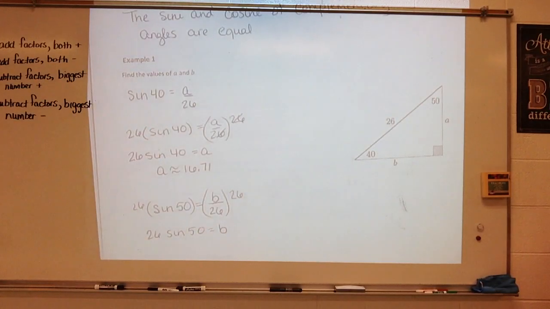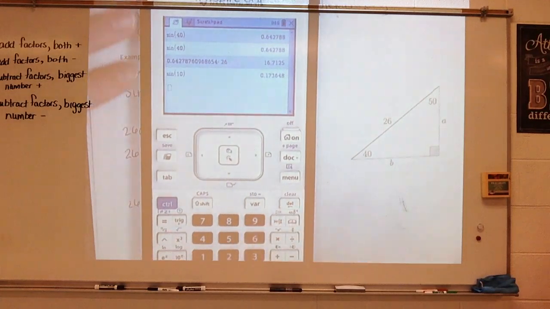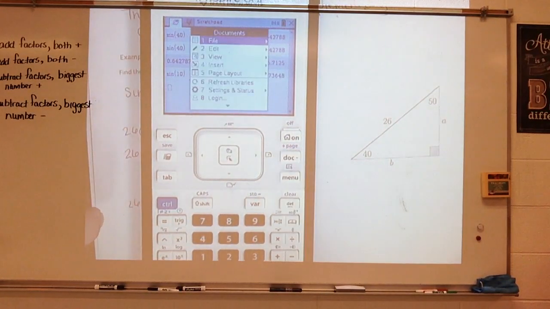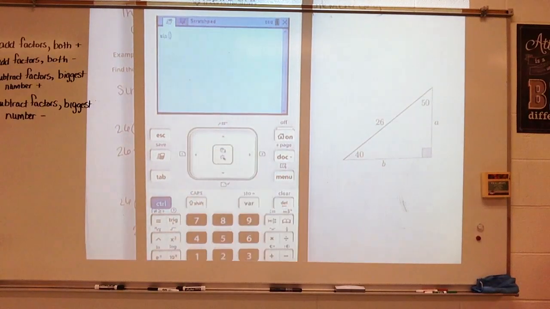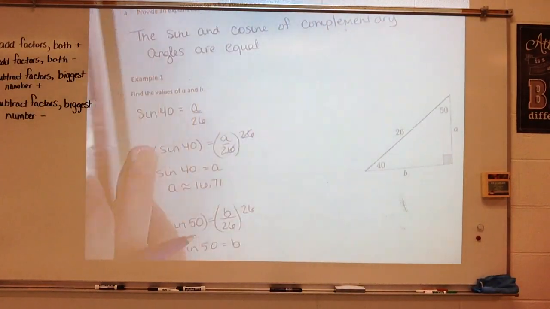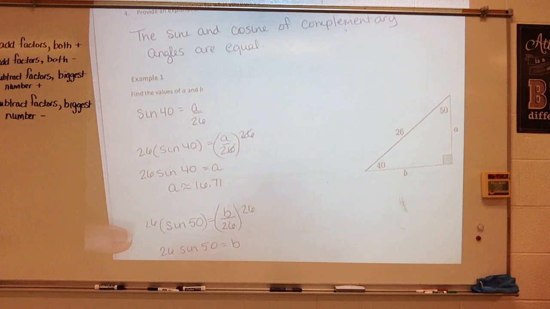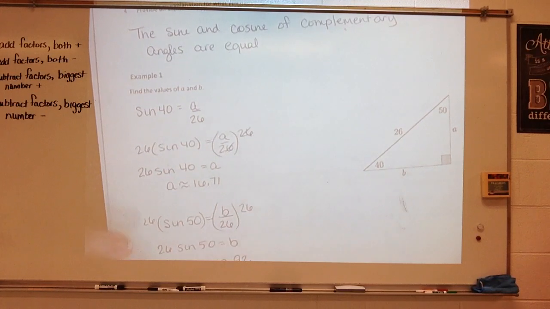So I'm going to use my calculator. I'm going to use the sine of a 50-degree angle, and multiply that times 26, which gives me approximately 19.92.